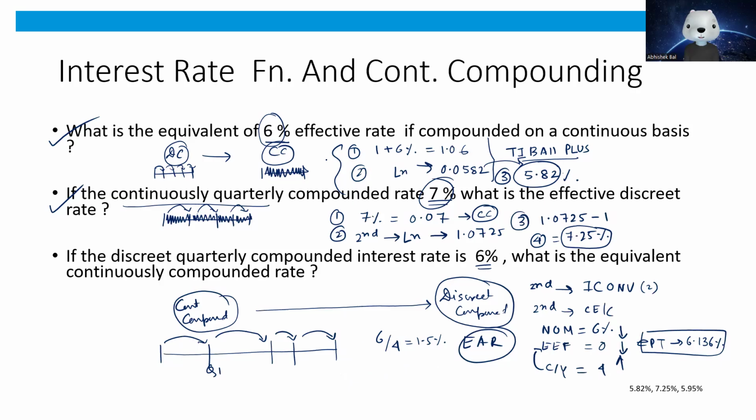So all that we do is to follow the 3 steps mentioned in the problem number 1, and that is we add 1 plus 6.136%, making it 1.6136, and then simply take the ln. If you press the ln button, it is going to show you a value of 5.95%.